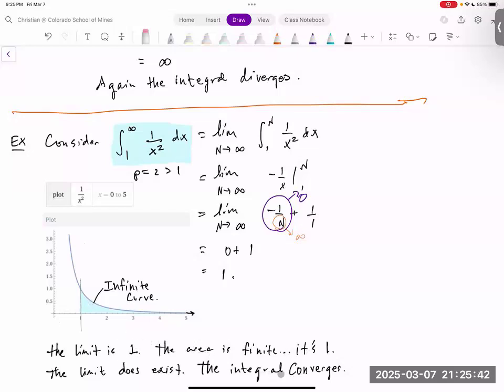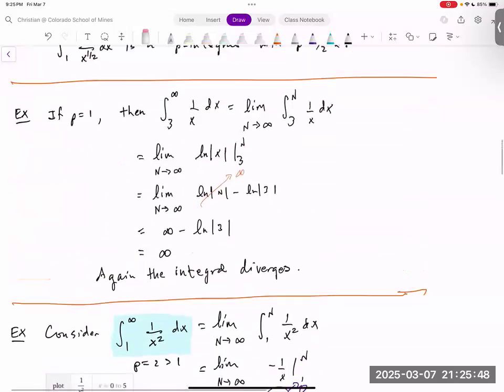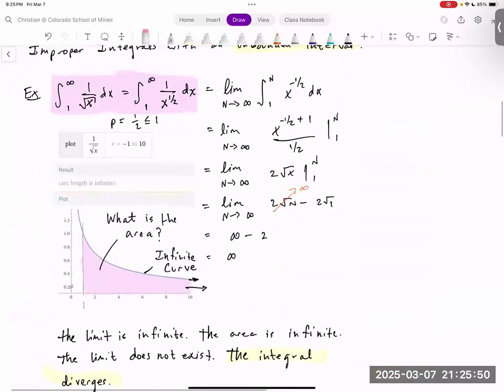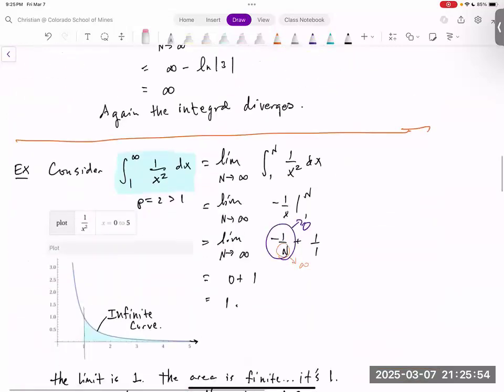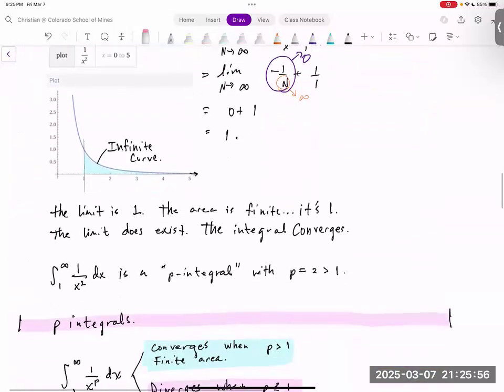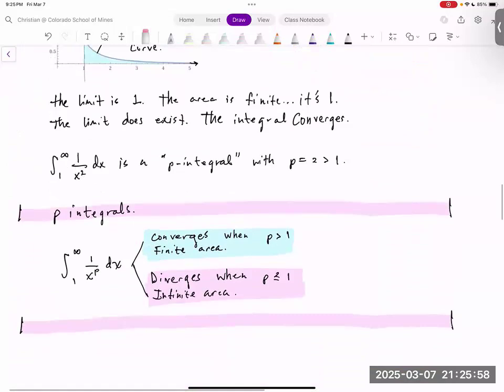So since the limit exists, we say the integral converges. That area is converging. It's converging to 1, while the other areas up here aren't converging. They just keep getting bigger. They go to infinity. So if we summarize that idea, p integrals are integrals of the form 1 to infinity, 1 over x to the p, or x to the negative p rather.